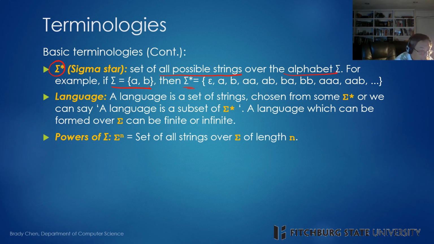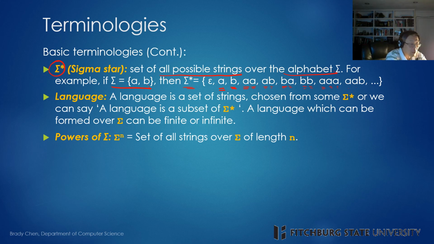It contains all possible strings over the alphabet. So A is an element of sigma star, B is, and then A twice, and combinations of A and B, B and A, B and B, A, B. So it's all the possible strings over the alphabet. You can repeat the A as many times as you want, repeat the B as many times as you want, or repeat combinations of A and B.